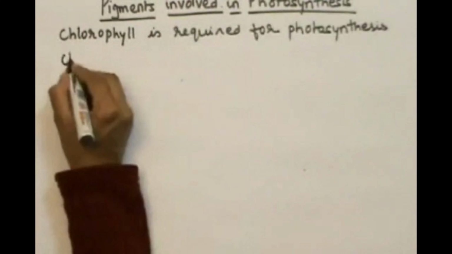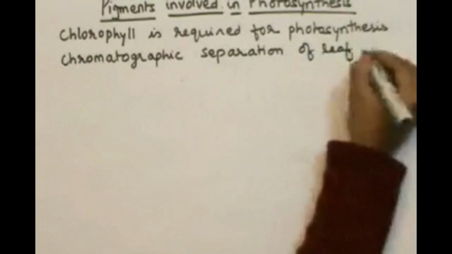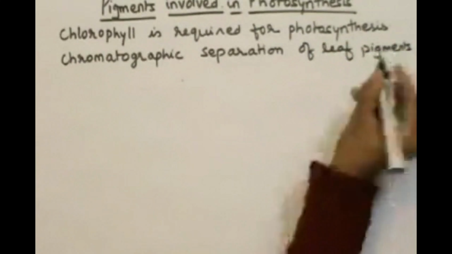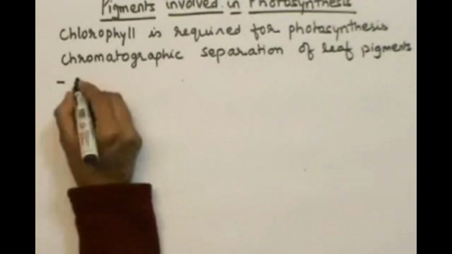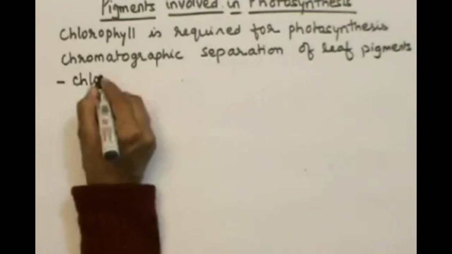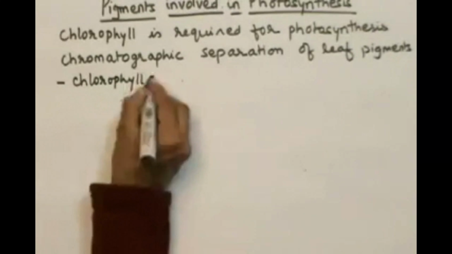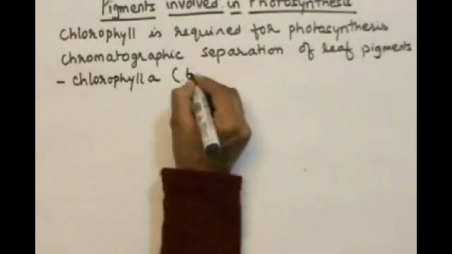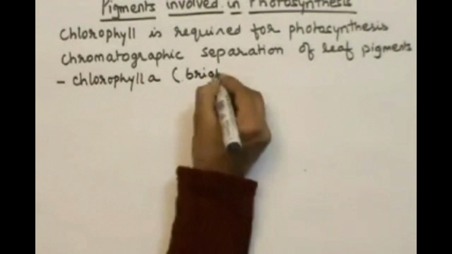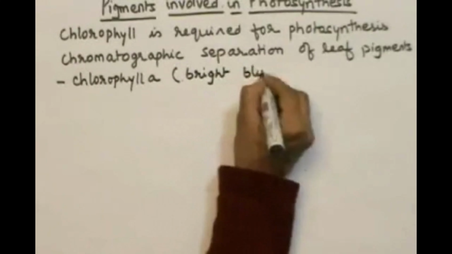On chromatographic separation of leaf pigments, 4 pigments were obtained. One is named chlorophyll A, which is bright blue-green in color.